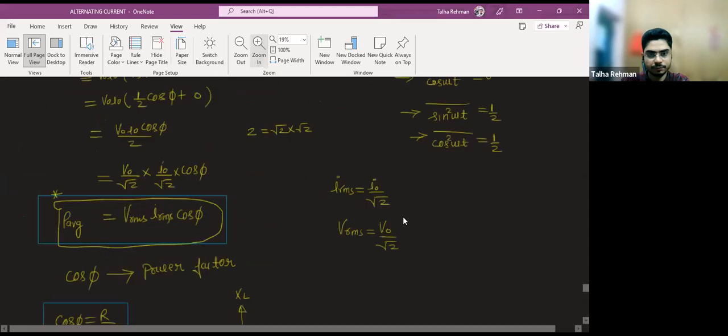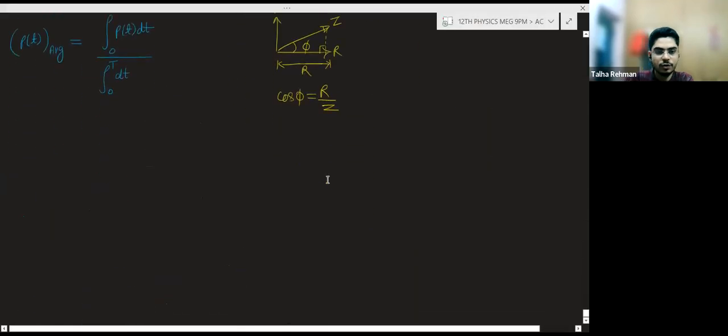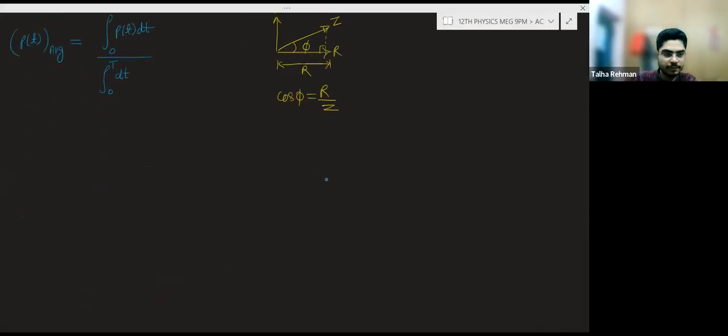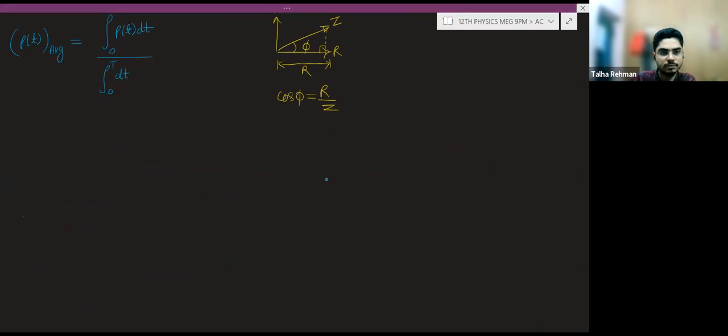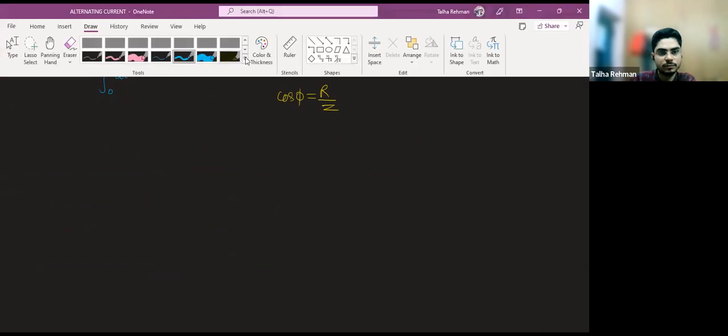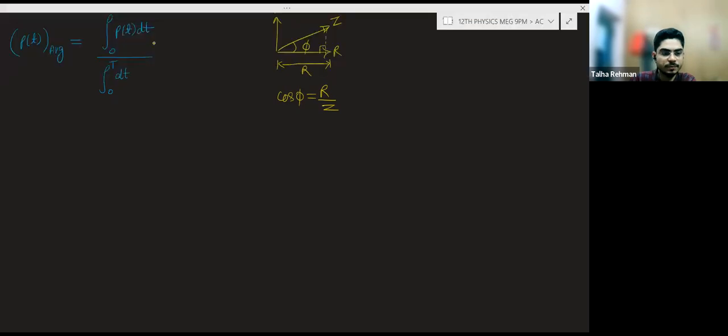So what is the formula of average power? Average power, P average, is given by V RMS into I RMS, where RMS means root mean square, into cos phi.